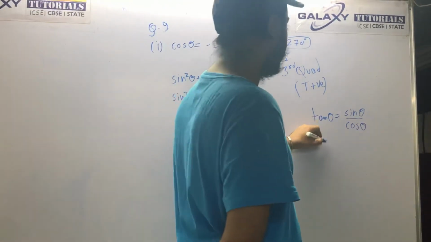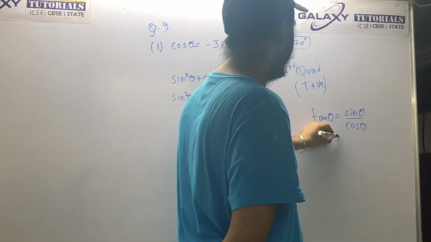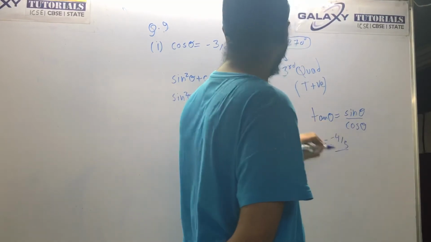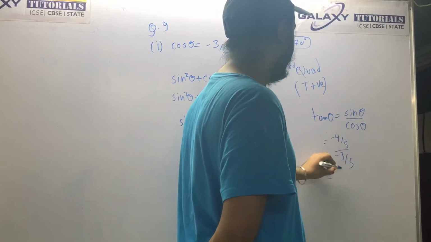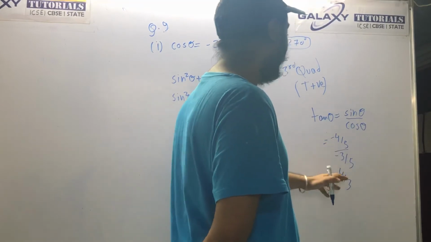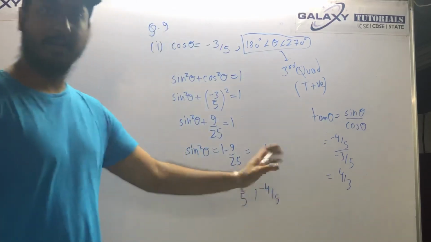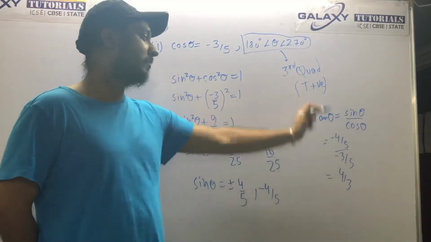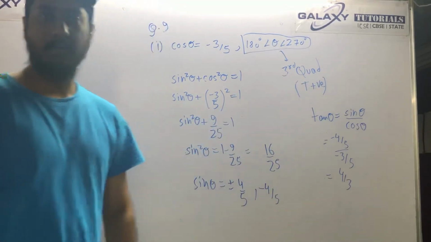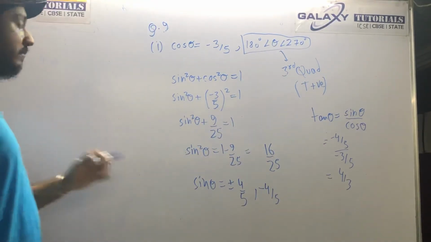Simply divide. So minus 4 by 5 upon minus 3 by 5. So tan theta will be 4 by 3. See, automatically it comes positive. I didn't have to check anything. I told you in the third quadrant tan is positive and it is coming positive. This is a very important thing.